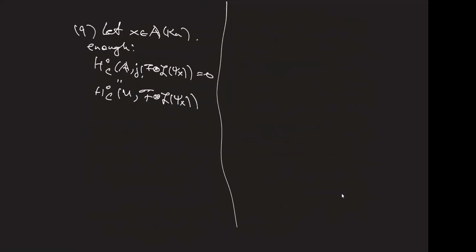For that, I'm going to just check it stalkwise. So I want to prove that the zeroth compactly supported cohomology vanishes, and that the second compactly supported cohomology vanishes.